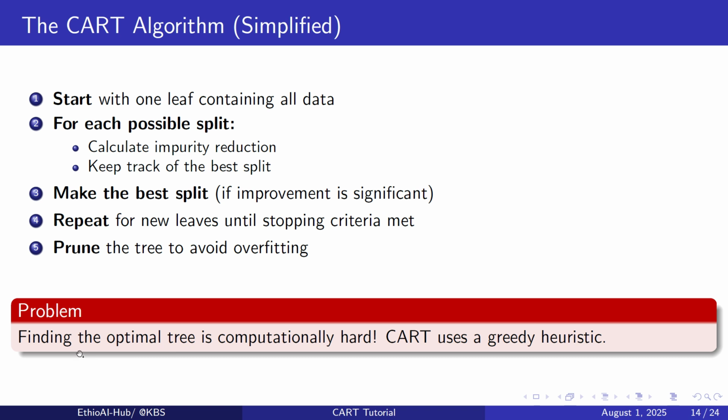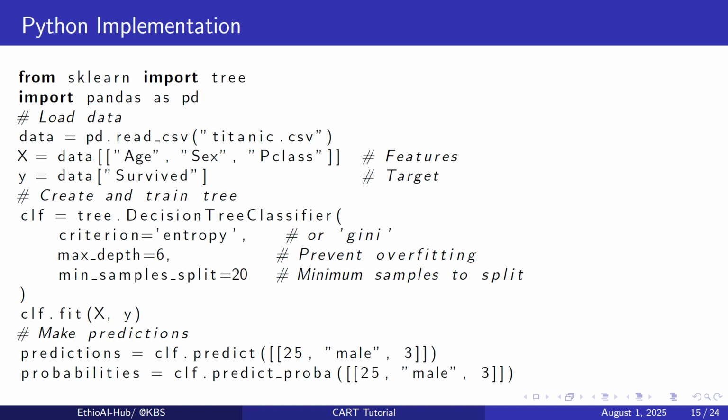So the problem is that finding the optimal tree is computationally hard. So where should we stop? CART uses a greedy heuristic. Greedy heuristic means, as I said before, it will only check the current status, and it thinks about what is less pure, minimizing the impurity. For a quick Python implementation, I don't think we will do this now, but in the next video we will do the Python implementation.